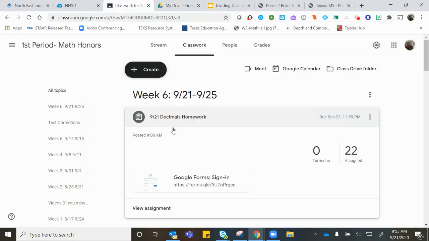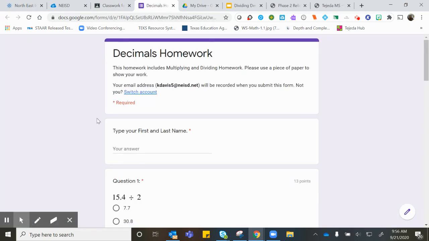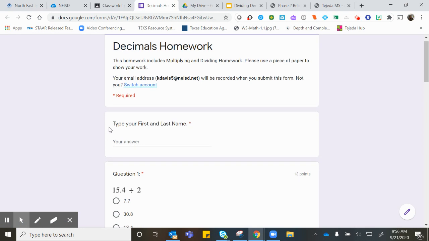So let's talk about your assignment for today. If you head on over to classwork and scroll down to week 6, I have my 921 or 922, depending if you're an A or a B day, decimals homework. I'll click on that form, and this is going to be a combination of multiplying and dividing decimals.